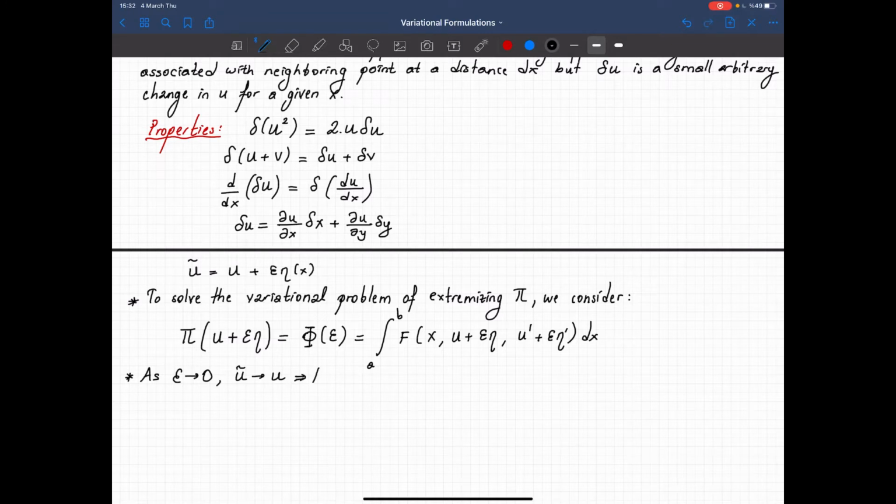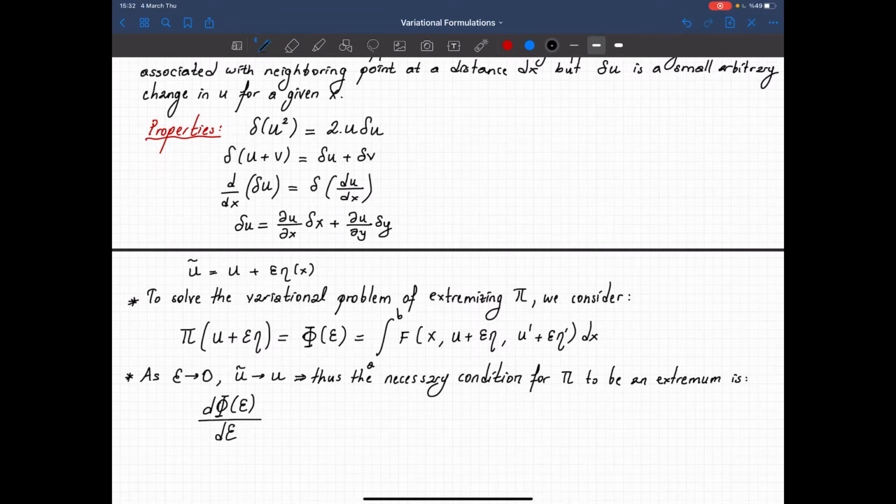So thus the necessary condition for pi to be an extremum is the derivative of this function as epsilon goes to 0 should be equal to 0.